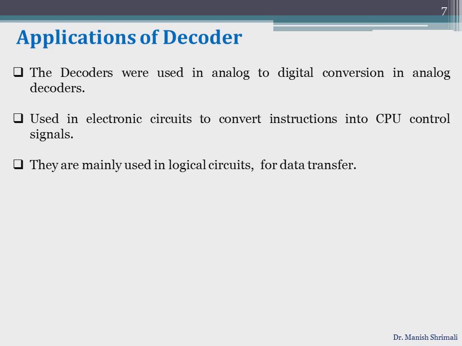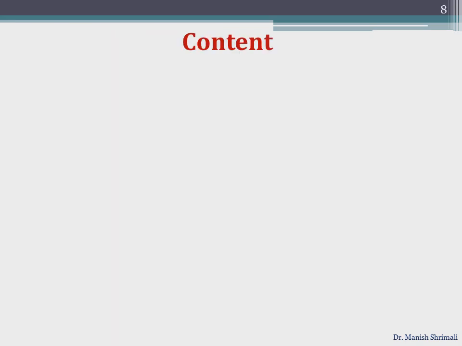Based on the same logic, like we just constructed this 2 to 4 line decoder, I suggest you all go for the 3 to 8 line decoder and the 4 to 16 line decoder. If you come across any problem, do let me know. So next, now let us move to the encoders.